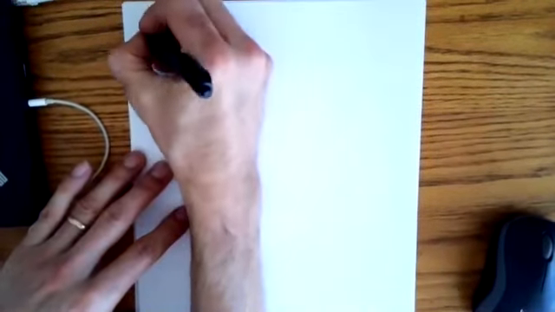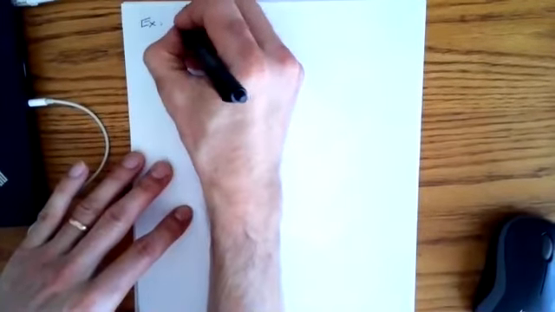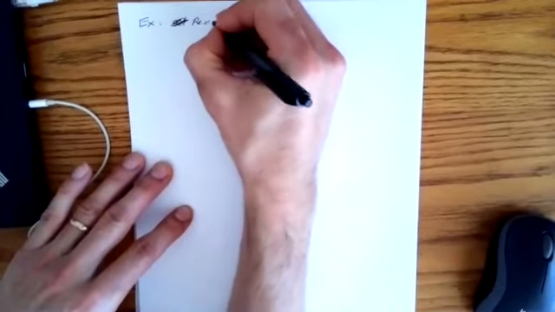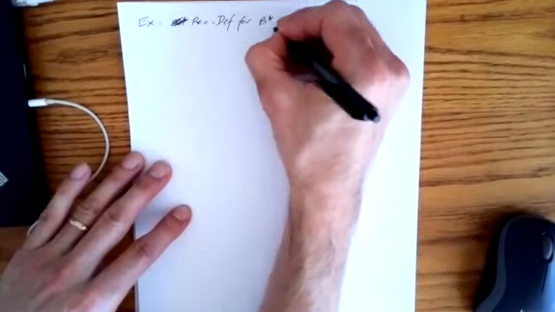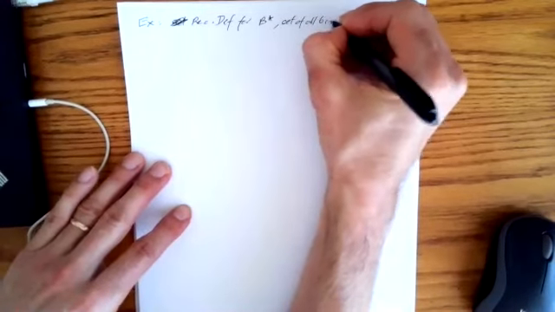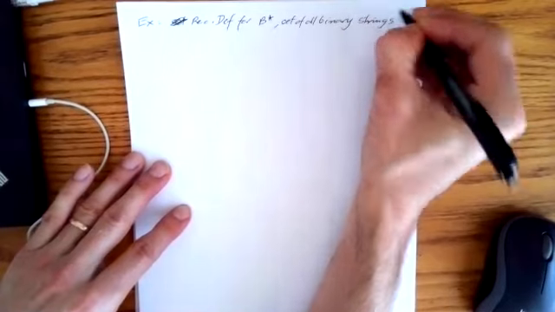So let's move to a different example. Let's define a set. Let me give a recursive definition for B star, which is the set of all binary strings. Let me recall some notation first.